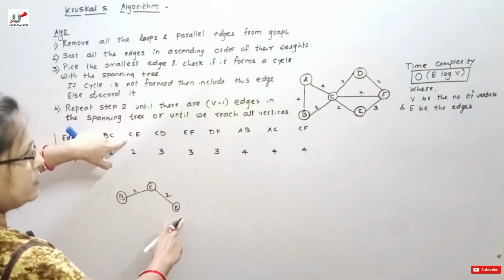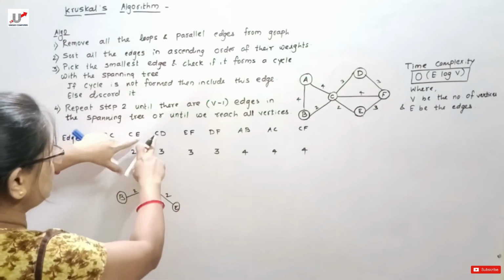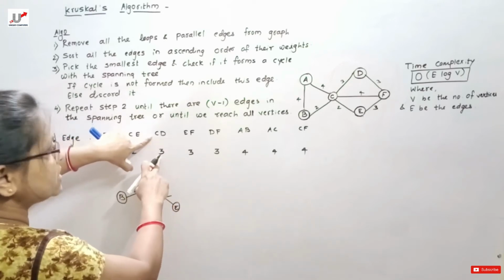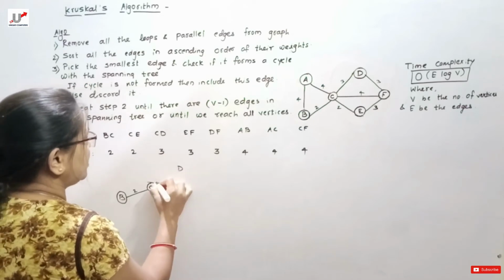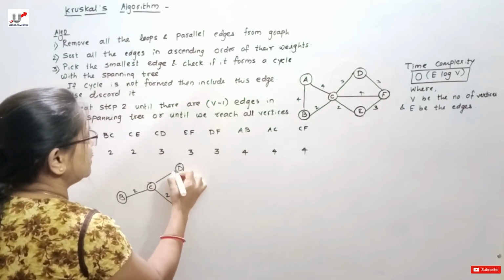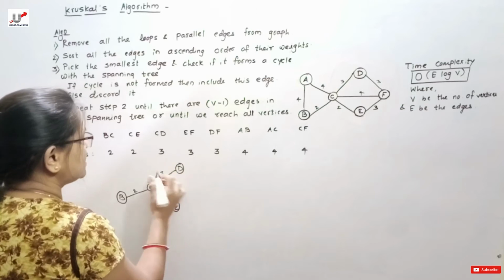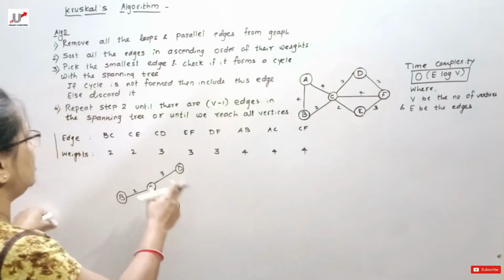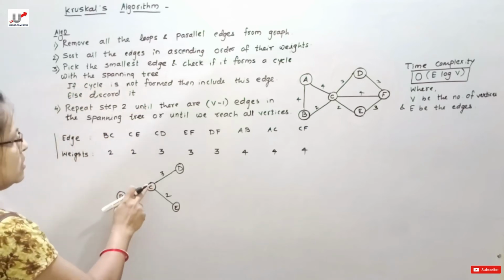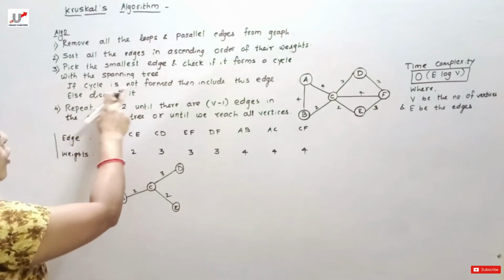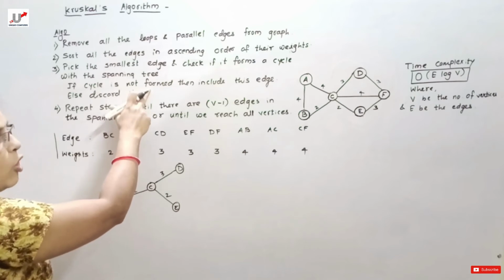Then next is CD with weight 3. And while constructing this spanning tree, we have to continuously check whether the spanning tree forms a cycle or not.